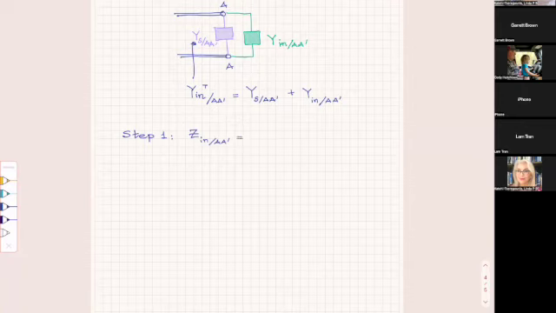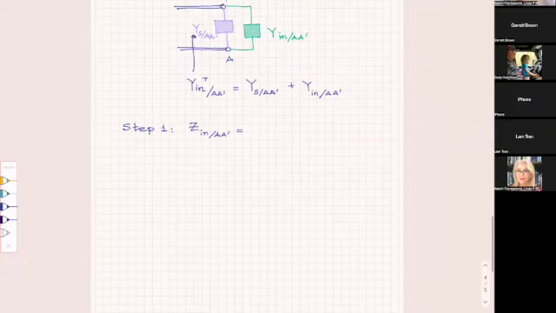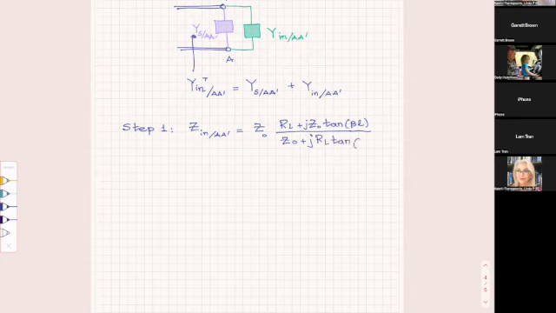From what we just said before, this is going to be Z0 times (RL plus j Z naught tangent beta L) over (Z naught plus j RL tangent beta L).